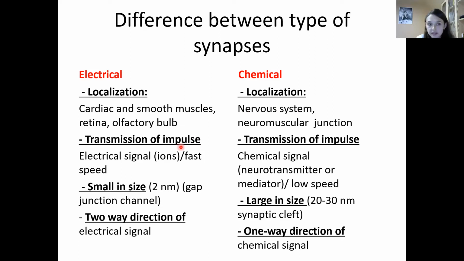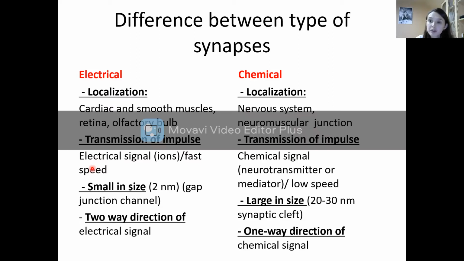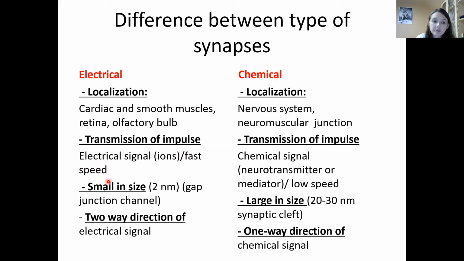As for transmission of the impulses, in electrical synapses the electrical signal will be transmitted by the ions. This type of transmission will be very fast. It also depends on the anatomical structure of these synapses, because in electrical synapses we have a small synaptic cleft, about 2 nanometers in size.